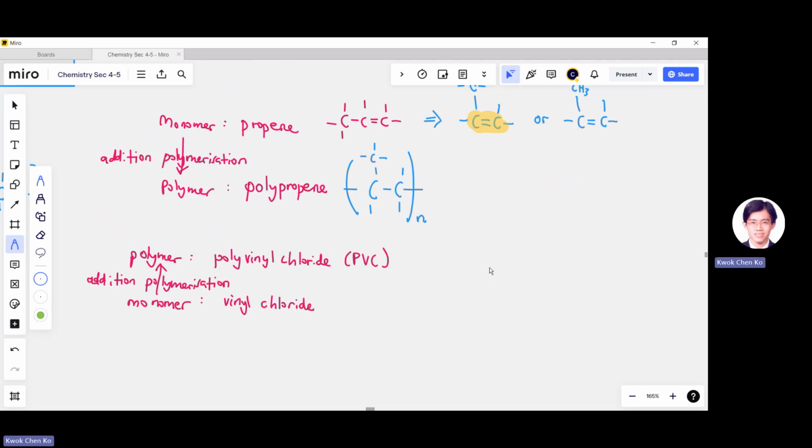What happens is in exam, they'll give you the structure of PVC. This is PVC. I want you to draw the structure of the monomer. This is PVC, the polymer structure, because you see the N here. What is the structure of the monomer? Shouldn't be that difficult.